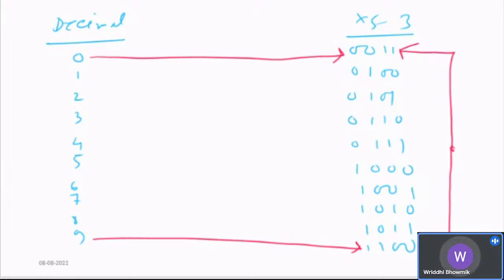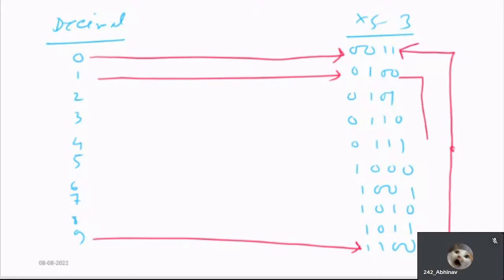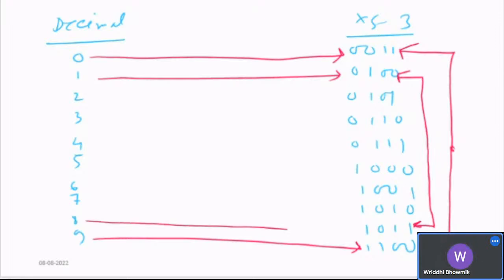Right. Now, if you see 1, it is 0100. And if you see 8, it is 1011. So 0100 and 1011 are complements of each other.